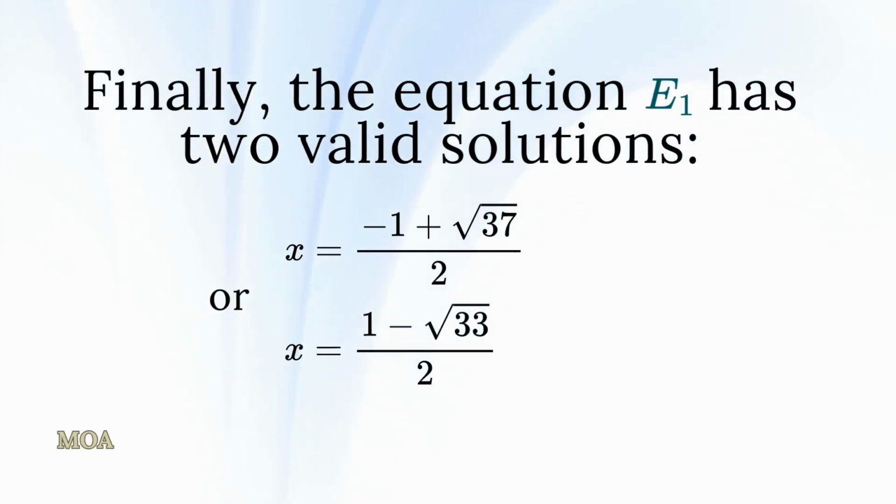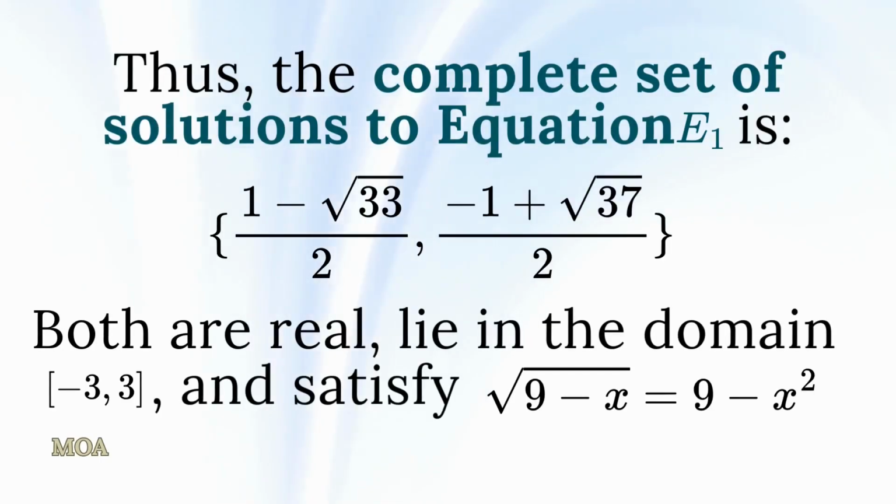The second valid value is 1 minus the square root of 33, all divided by 2. Thus, the complete set of solutions to equation E1 is x equals 1 minus the square root of 33 divided by 2, or x equals -1 plus the square root of 37 divided by 2.